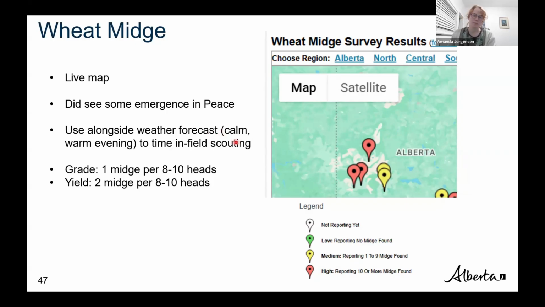So they're only going to be flying on calm, warm evenings. So if your crop is susceptible and there's midge showing up in the traps, not a bad idea to get out there with a friend and a brew, and you'll probably be done that counting before you finished your brew, whether it's barley based or coffee based.